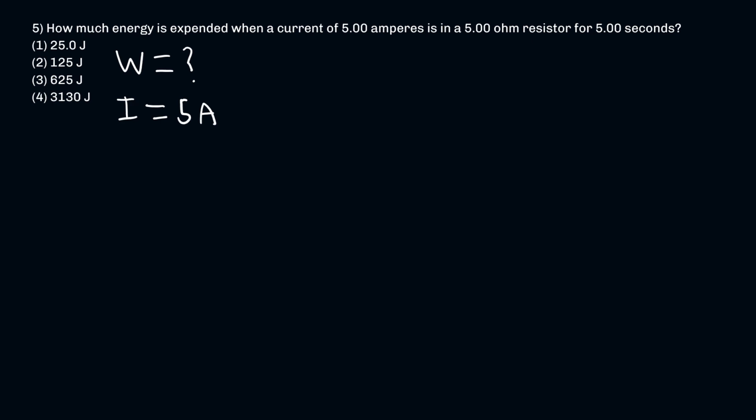So again, resistor, that has to do with resistance. If we don't know what resistance is, that is going to be R. And we have here 5 ohms. Then the last thing here is for 5 seconds. That's going to be my time, and that is going to be 5 seconds.